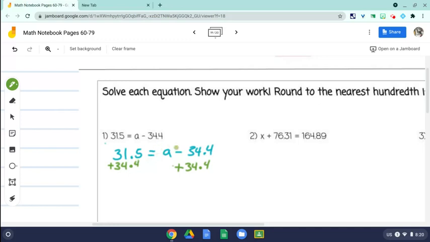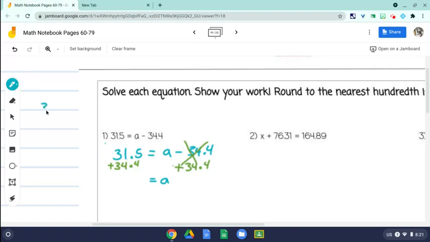When I do that, minus 34 and 4/10 plus 34 and 4/10 equals 0. That cancels itself out, so I can just cross that out, and I'm left with A on this side of the equation. I still need to work this out, 31 and 5/10 plus 34 and 4/10.